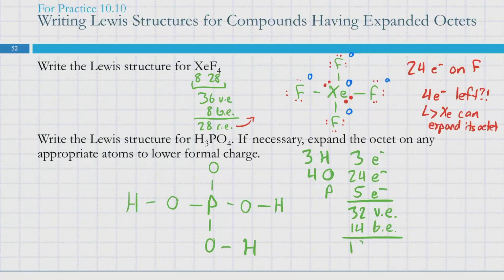We have 18 remaining electrons. We can place those on our oxygens.